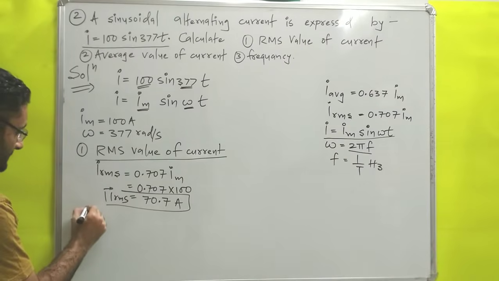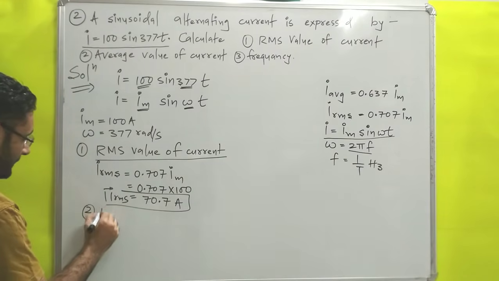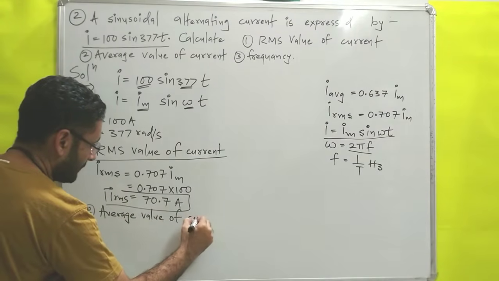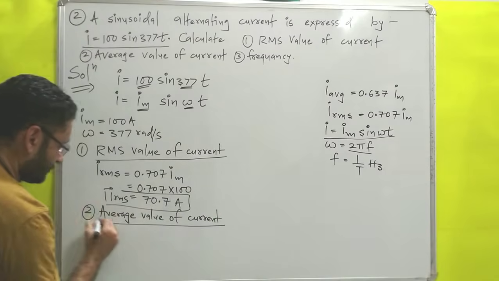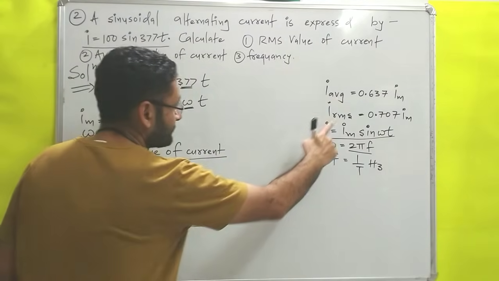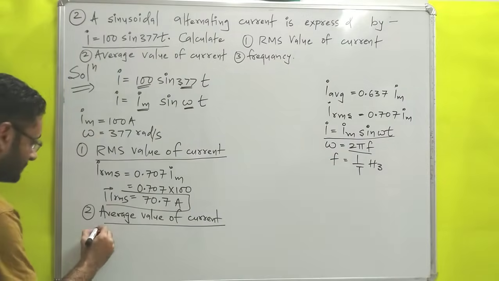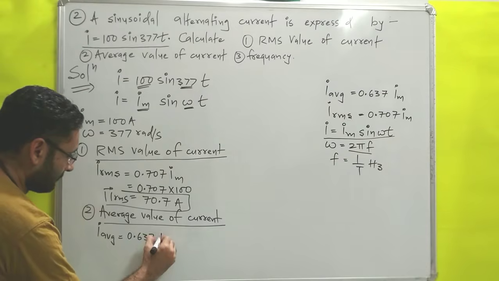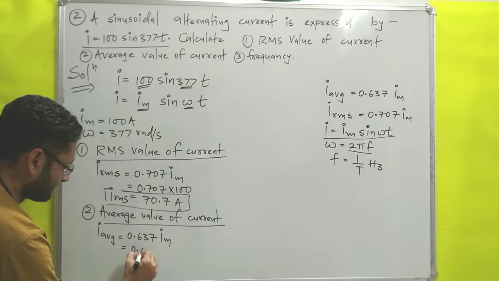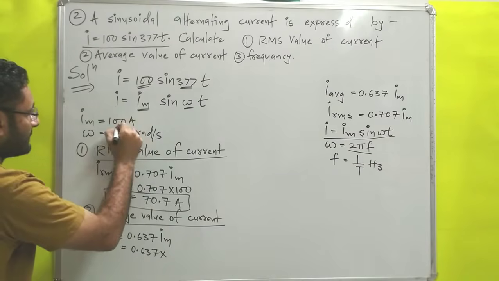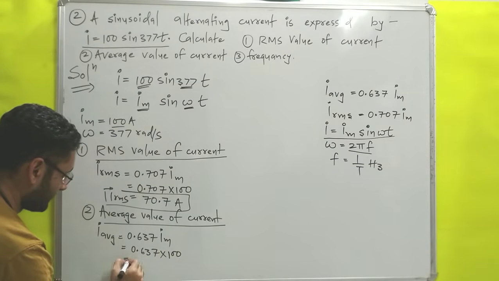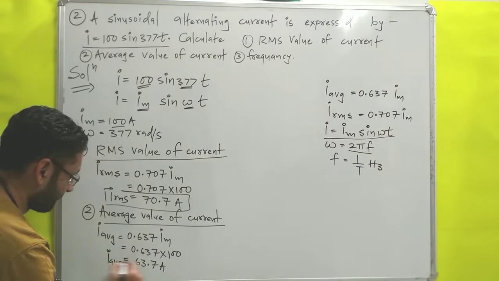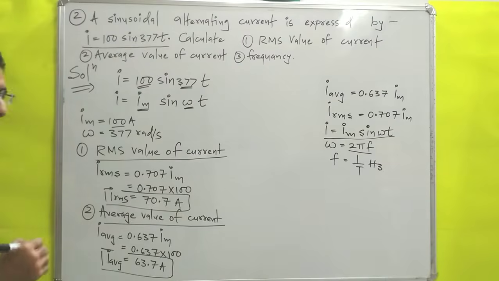Moving on, second, you have to find the average value of current. Again, you should know the relationship between average and maximum: I average equals 0.637 of maximum current. Multiplying with 100, the I average value will be 63.7 ampere. That is your next answer.